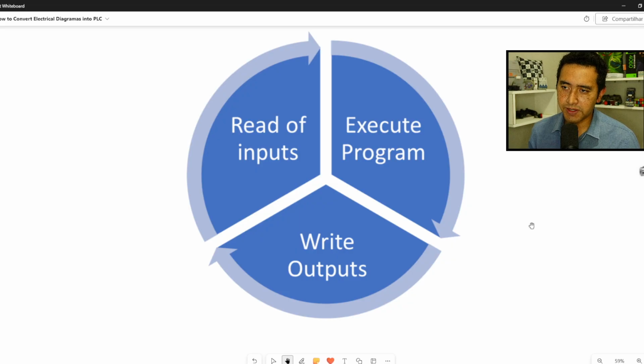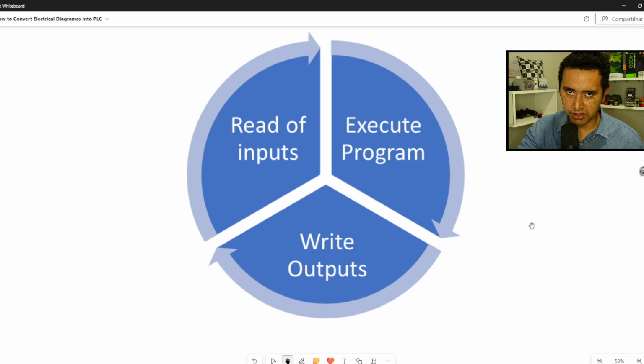Of course, there are other functionalities that we are going to see specifically in another course. For now, think about only this scan cycle.